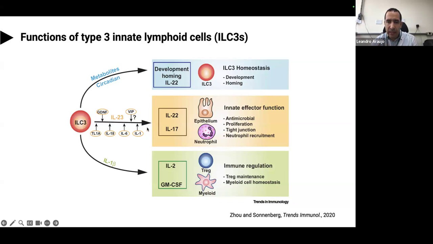As we saw earlier in José's presentation, they are important for neutrophils, and they can produce IL-22 and IL-17, which are important in barrier function and the production of antimicrobial peptides by the intestinal epithelial cells, the proliferation of these cells, tight junctions, and the recruitment of neutrophils. But they are also important in the production of IL-2, which is important for maintaining regulatory T cells in the gut, and they are important in the production of GM-CSF.